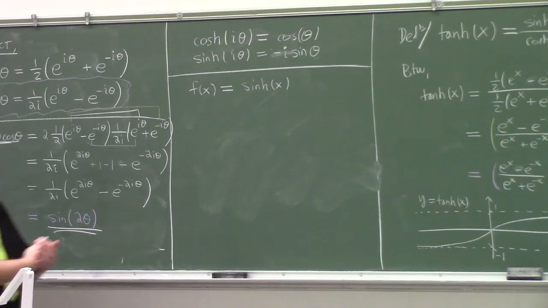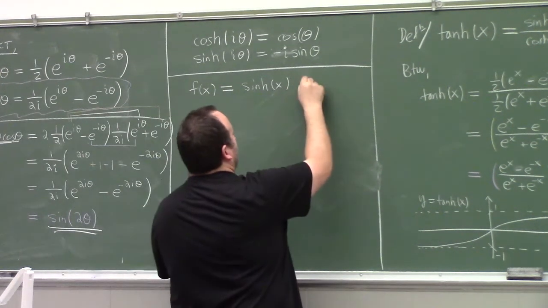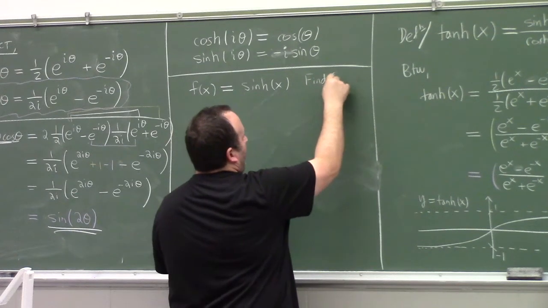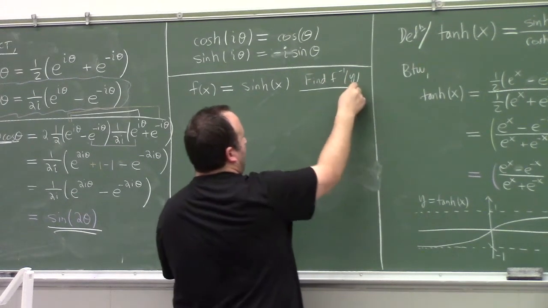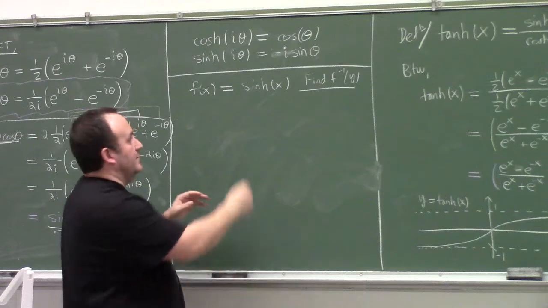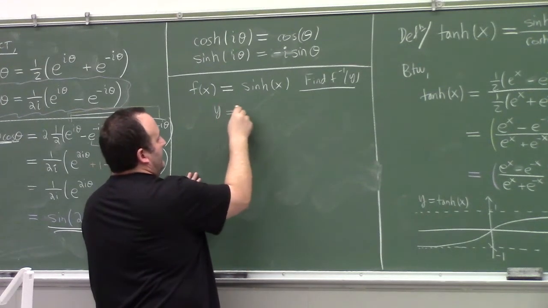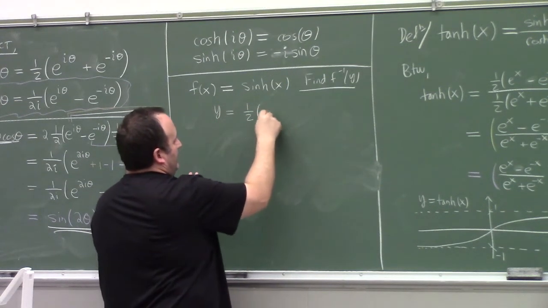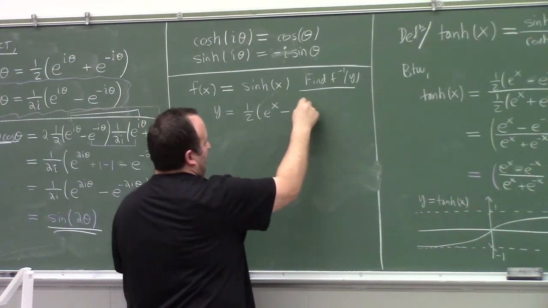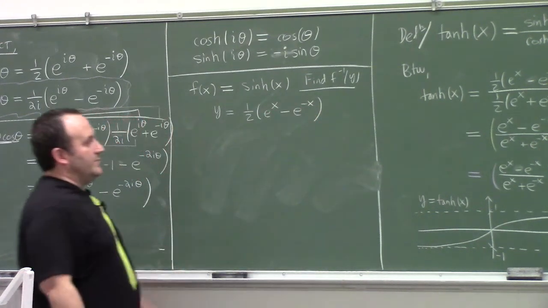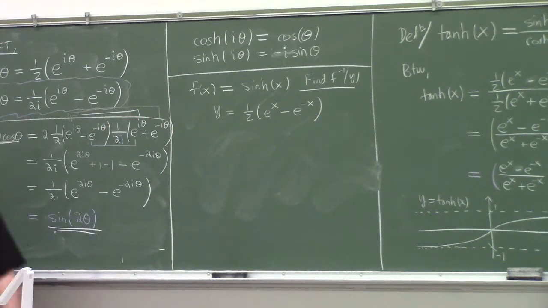Find f inverse of y. So what do we got? y is equal to 1/2 (e to the x minus e to the minus x). Right? And now I need to solve for x.